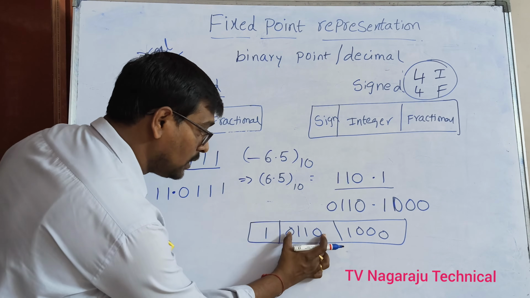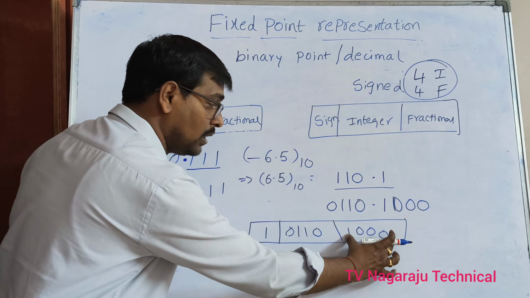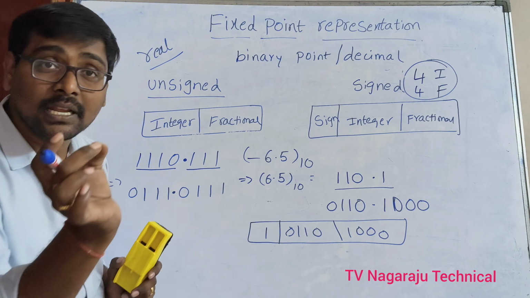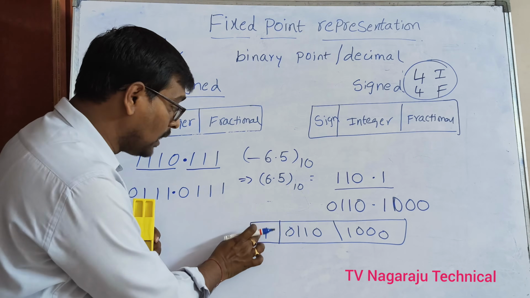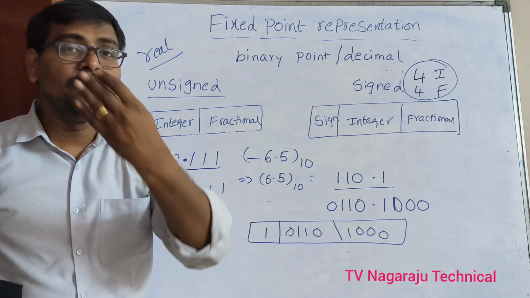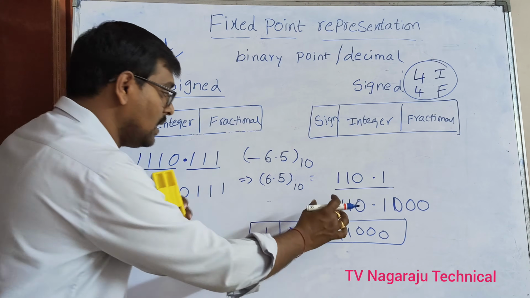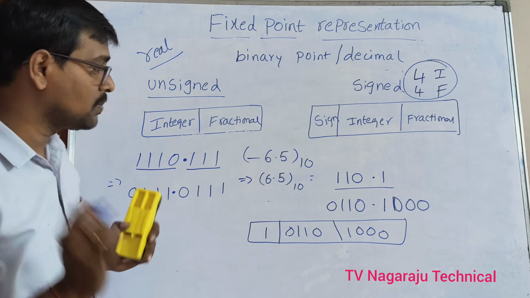Observe, 0, 1, 1, 0 is the representation for 6. 1, 0, 0 is the representation for 0.5. Here 1 specifies this is a negative number. Anyway, you know how to represent negative numbers. Actually, this is the representation of 6.5.